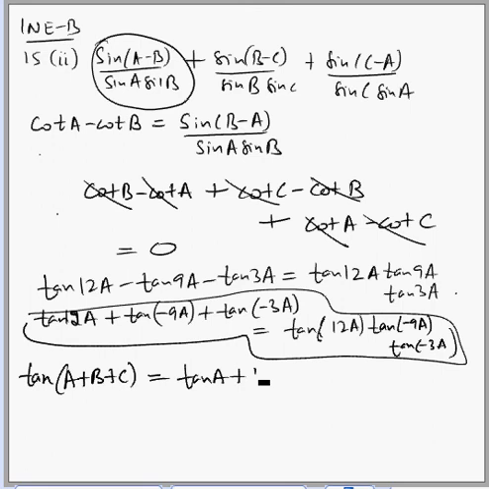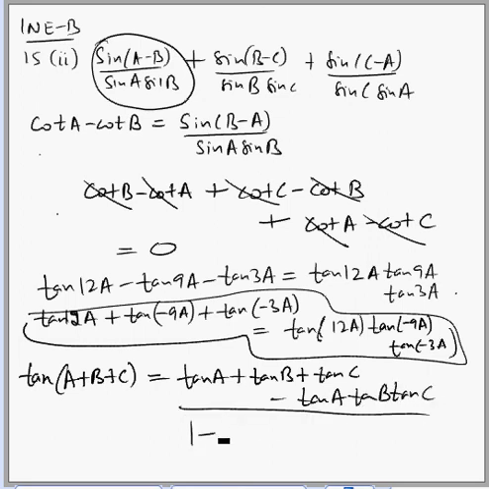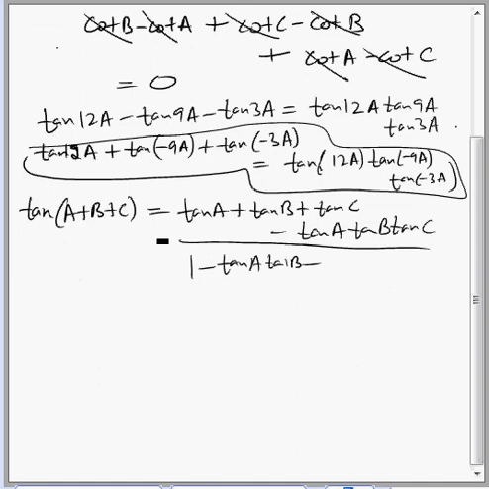The formula is tan A plus tan B plus tan C minus tan A tan B tan C in the numerator, and the denominator is 1 minus tan A tan B minus tan B tan C minus tan C tan A. You can complete this.